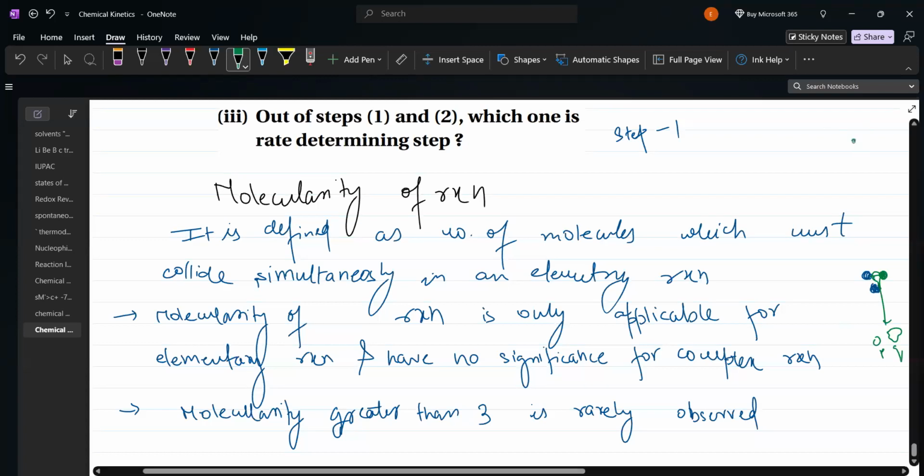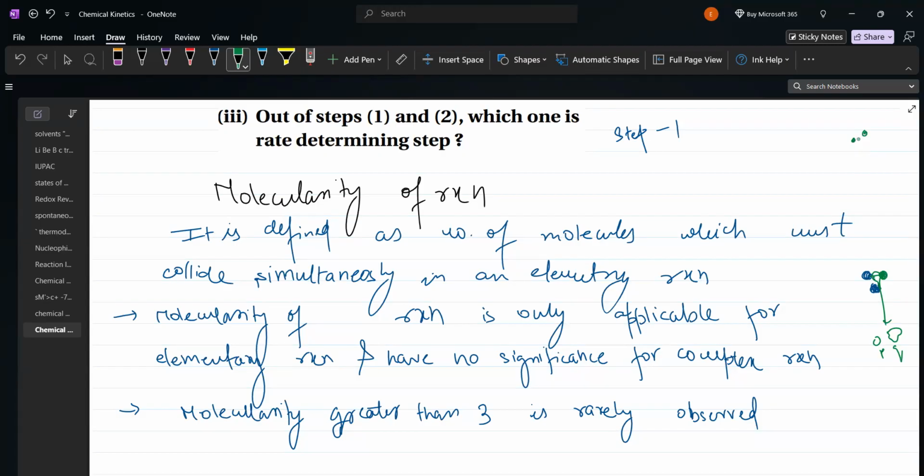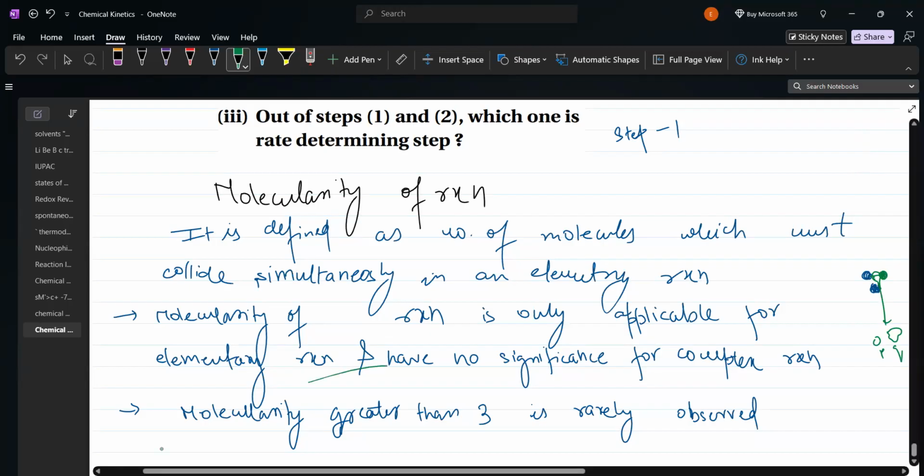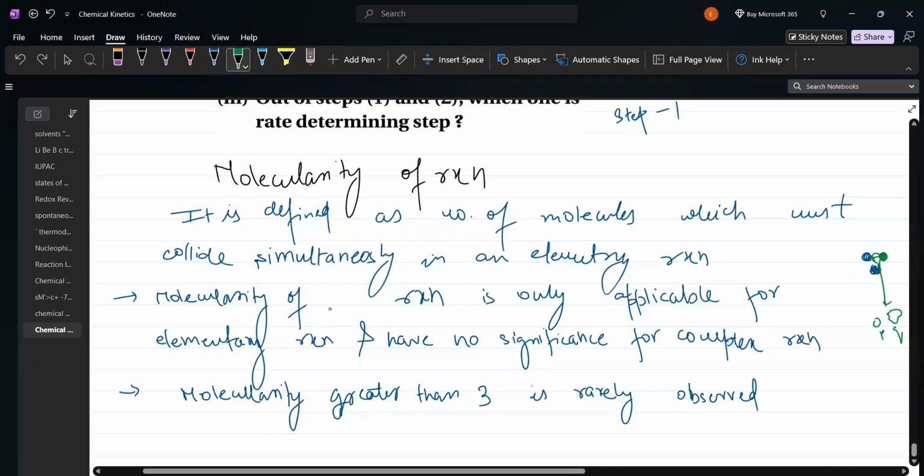And if somebody is saying that 4 molecules are coming and colliding, this is rarely possible. Bringing more people to a common table is difficult. So you can understand by this example.